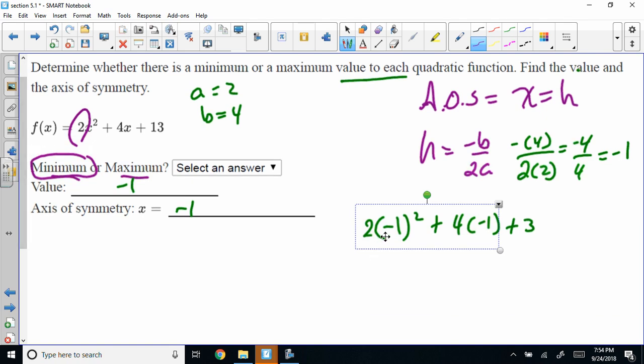So that's 1 squared times 2, which is 2, minus 4 plus 3, so it's negative 2 plus 3, which is 1. So if they're wanting an ordered pair, there you go, negative 1, 1, right? Oh, 13. That's 11.